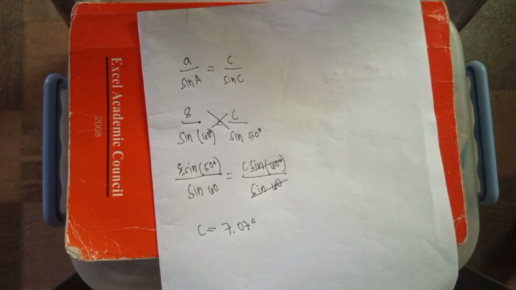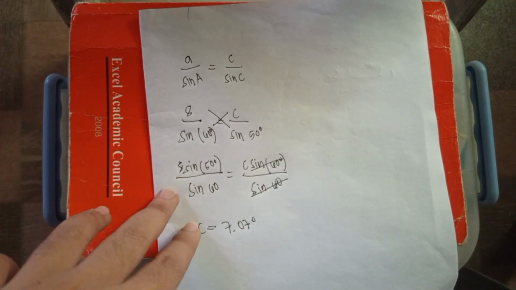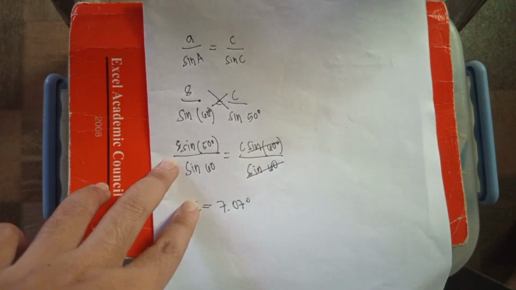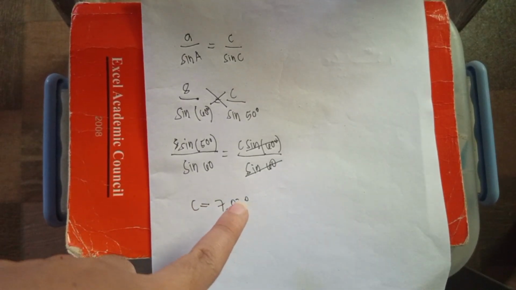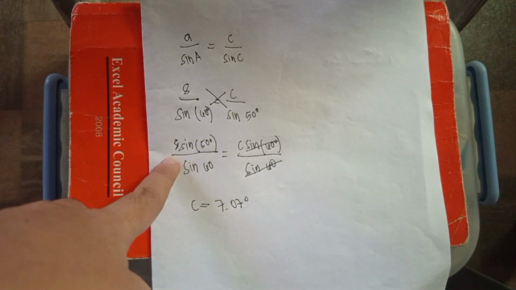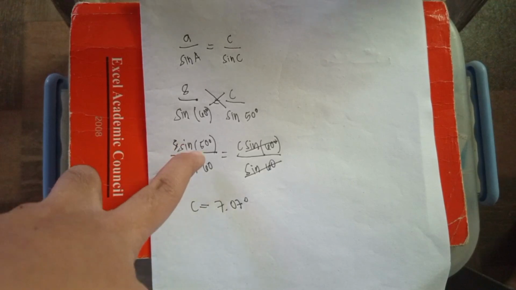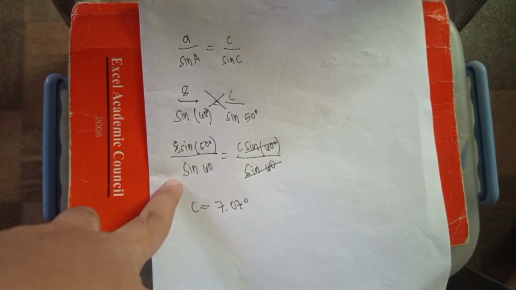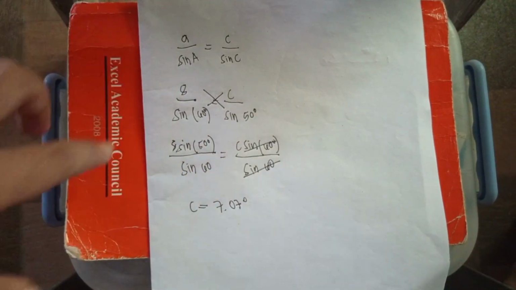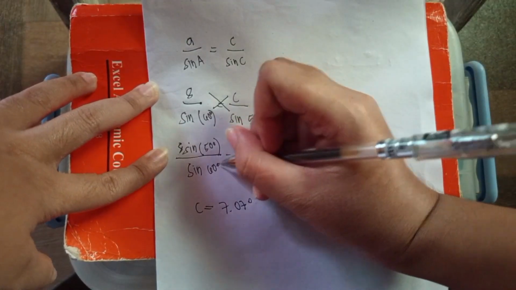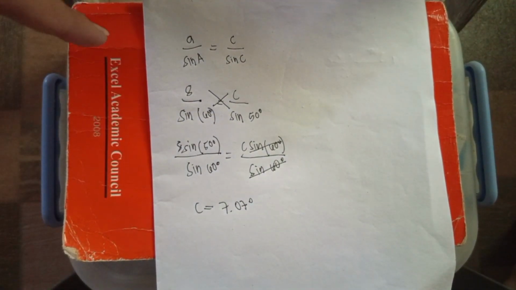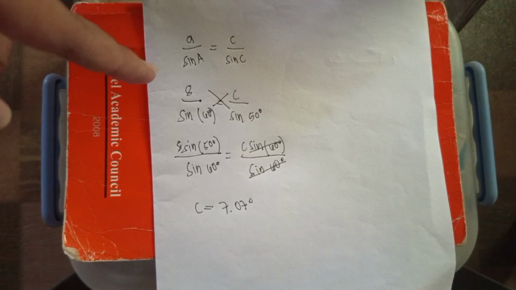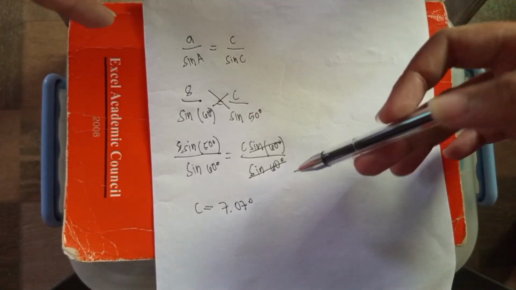Now let's divide both sides by sine 60, which gives c equals 8 sine 50 degrees divided by sine 60 degrees, which equals 7.07. The sine 60 degrees cancels out.